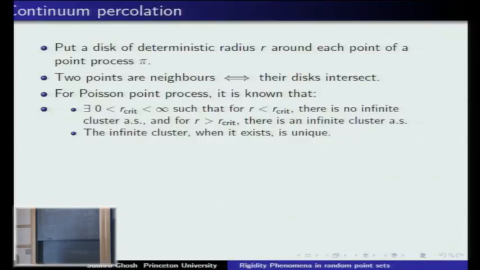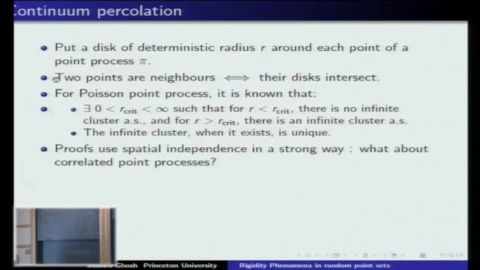These results roughly parallel the results in bond percolation theory. Now we want to study this kind of continuum percolation problem on correlated point processes like the Ginibre ensemble or the Gaussian zeros. But the proofs for the Poisson process use spatial independence in a very strong way.